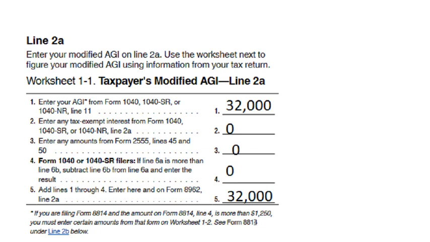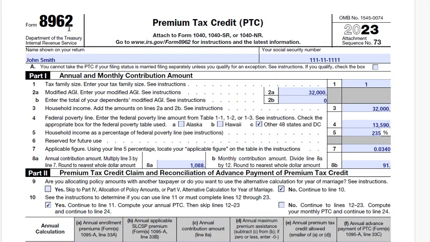Now we go back to Form 8962 and input this figure in line 2a. We're back at Form 8962, and in line 2a we have $32,000. For this tax situation, there are no dependents, and so line 2b will be 0.